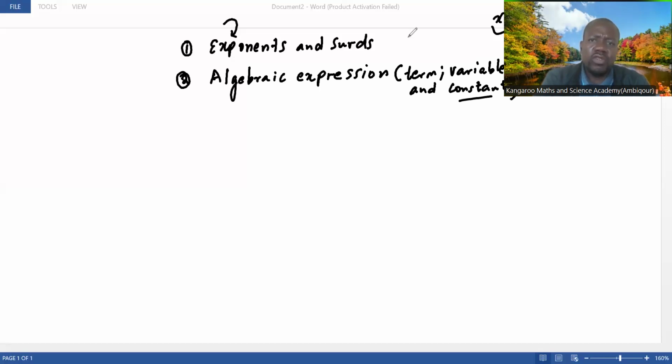And also, even though you understand the terms, what are the types of expression? For example, we have binomial, trinomial, and the first one I forgot to write is monomial.